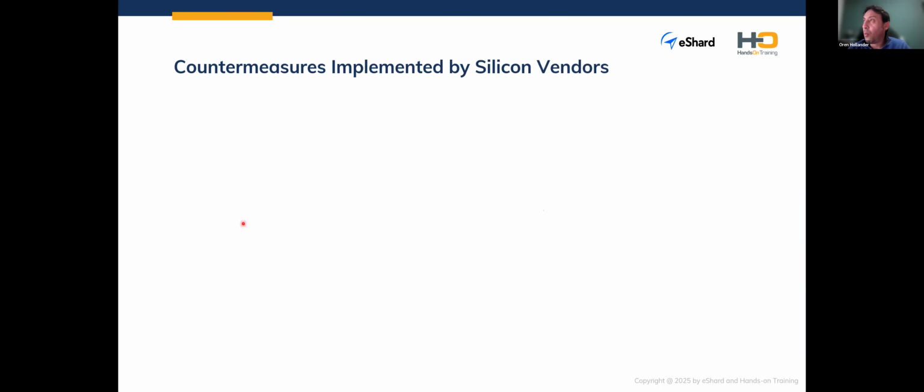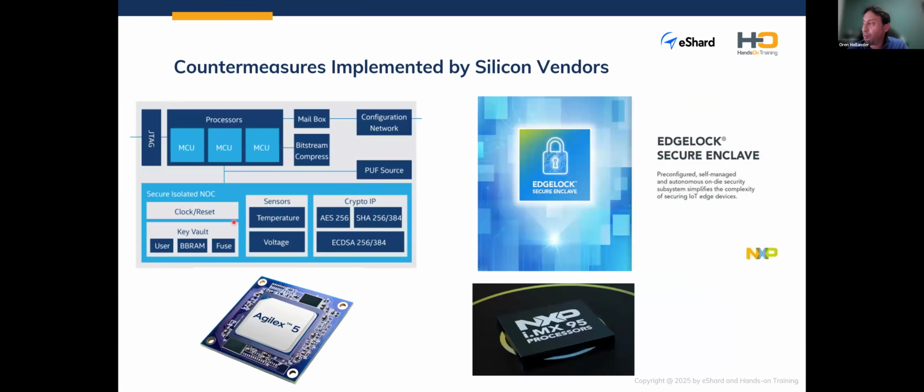So, first of all, let's start to see what are the countermeasures implemented by silicon vendors. Because there are many new devices popping up every week, I decided to take as a use case two devices, one FPGA and one microprocessor.